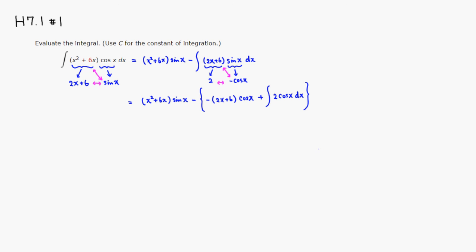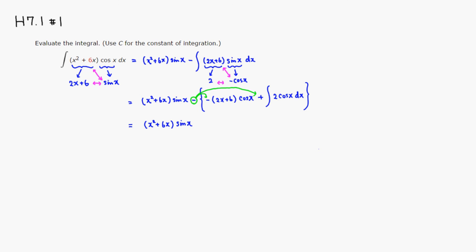So this is going to be equal to, first term I'll just copy that down: x squared plus 6x times sine of x. I'm going to distribute this negative sign to the first guy and the second guy.